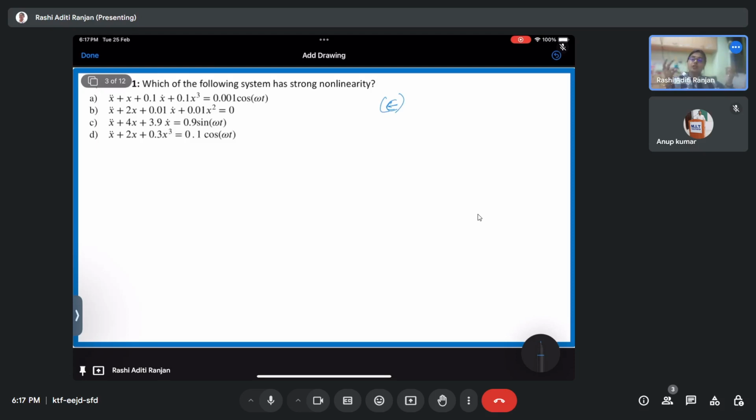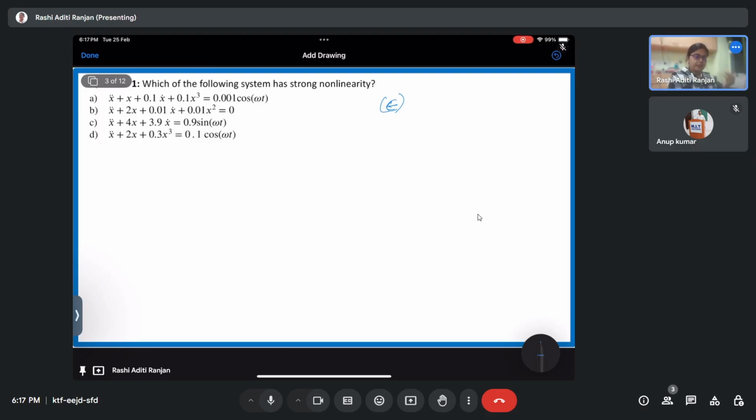How would I know just by merely seeing the equation whether my system is having strong nonlinearity or weak nonlinearity? Whether it is having strong forcing, whether it is having weak forcing. Correct. So how do we actually identify it?